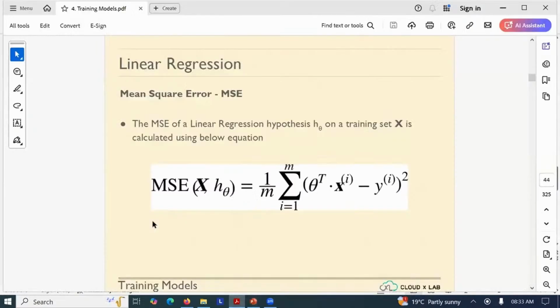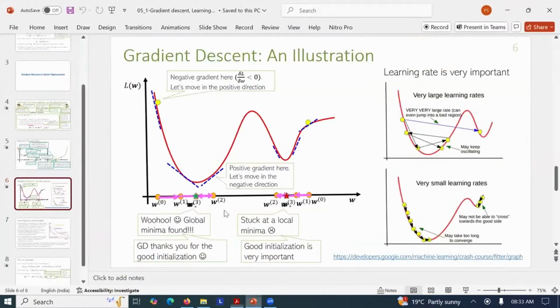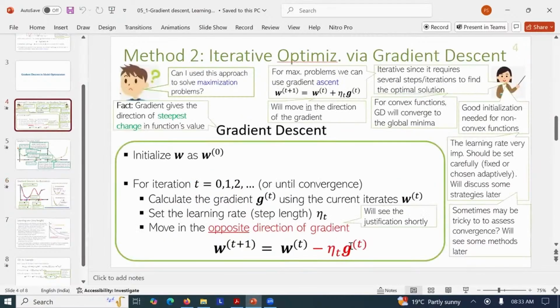Mini batch is, you can imagine, a combination of batch and stochastic gradient descent, right? In stochastic gradient descent, the problem is that we are getting a noisy gradient.